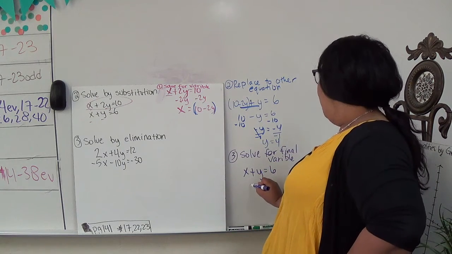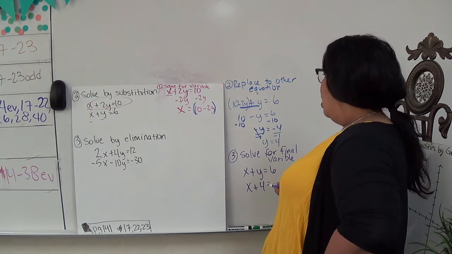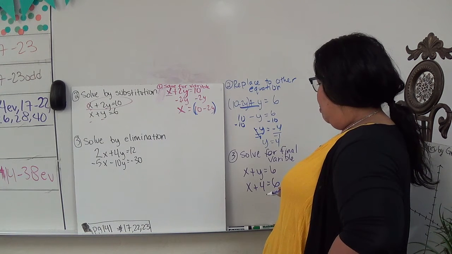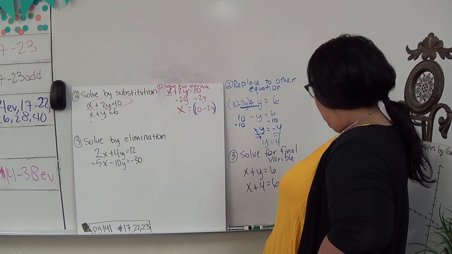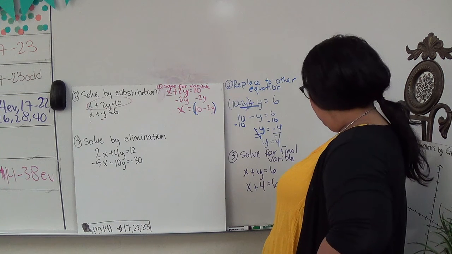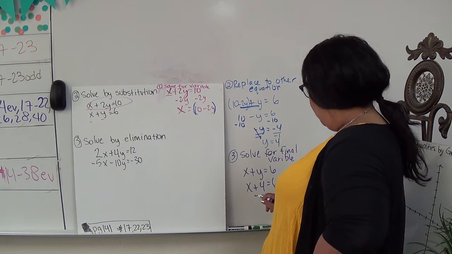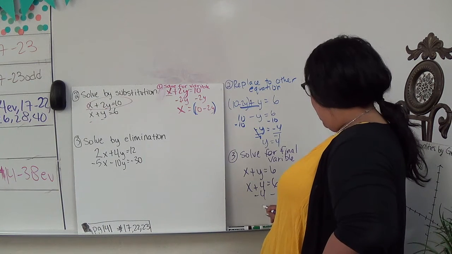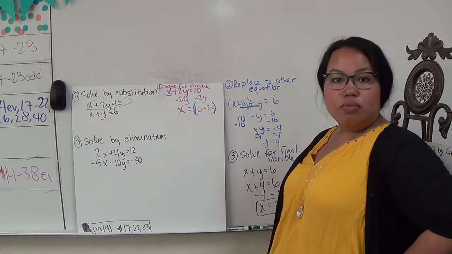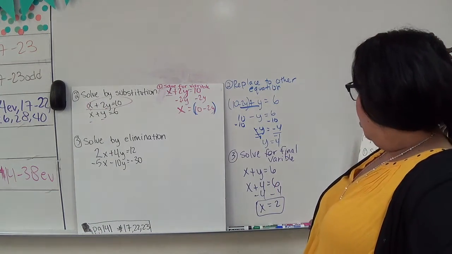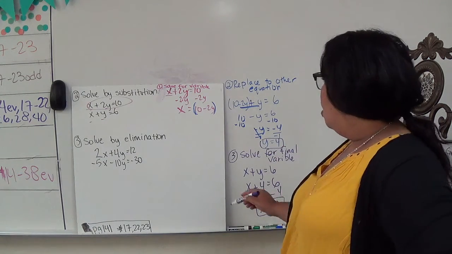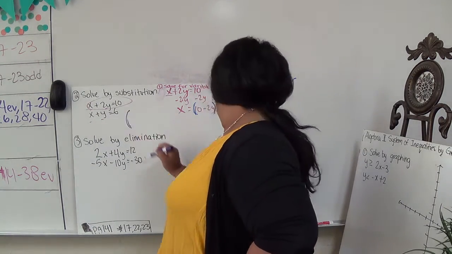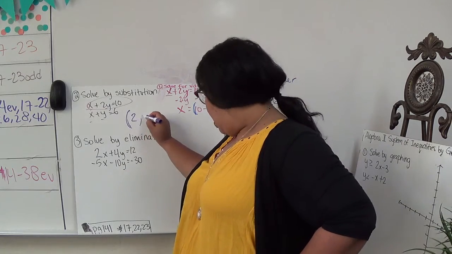I know that y equals 4, so x plus 4 equals 6. Then I'm going to subtract 4 from both sides. I end up with x equals 2. Okay? So my answer here is not these two, but it's x comma y, so 2 comma 4.